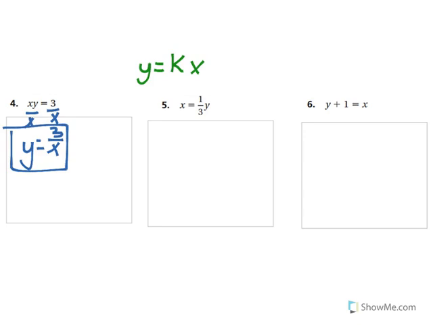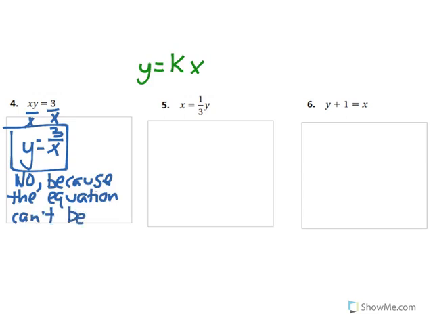So no, it's not a direct variation, because the equation can't be written as y equals kx. So no, this equation cannot be written as y equals kx. All right? So how about we try the next one?